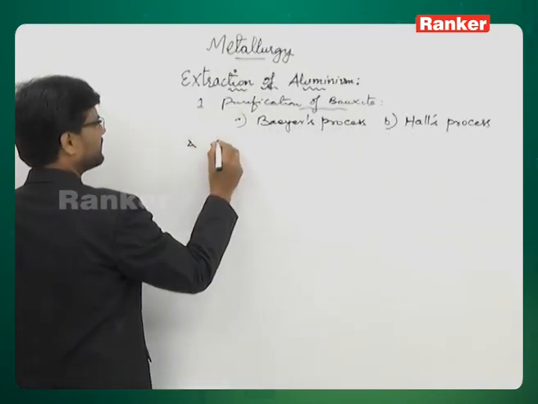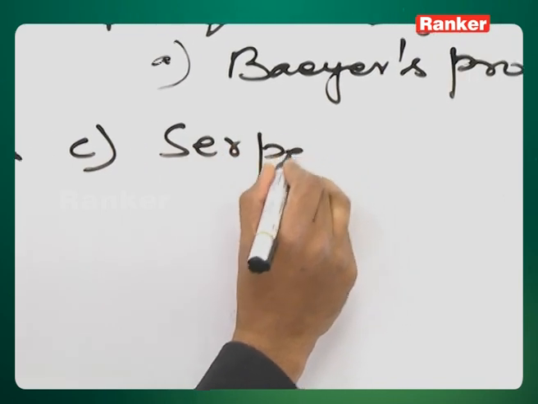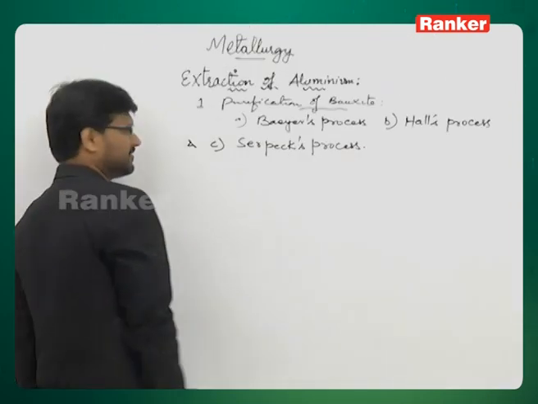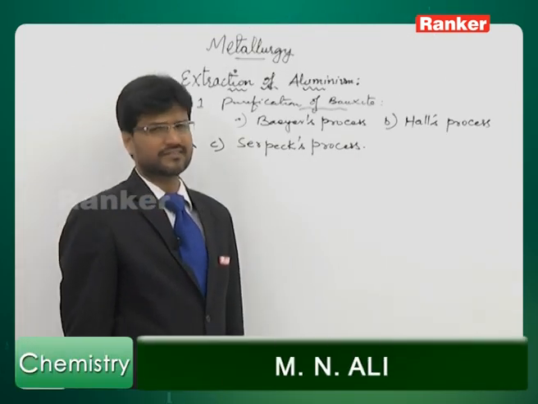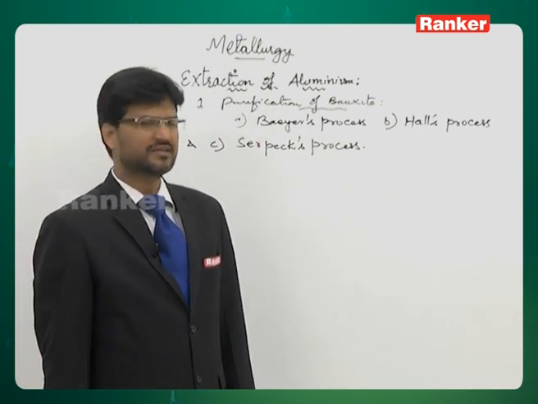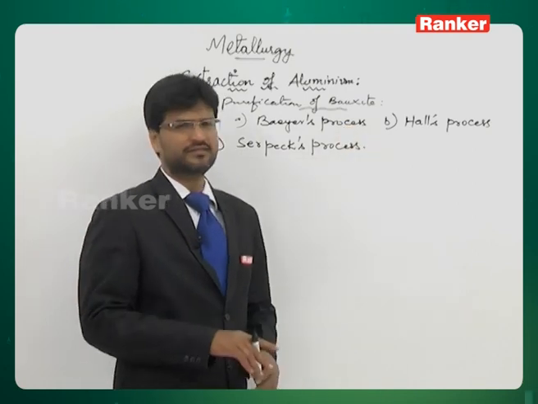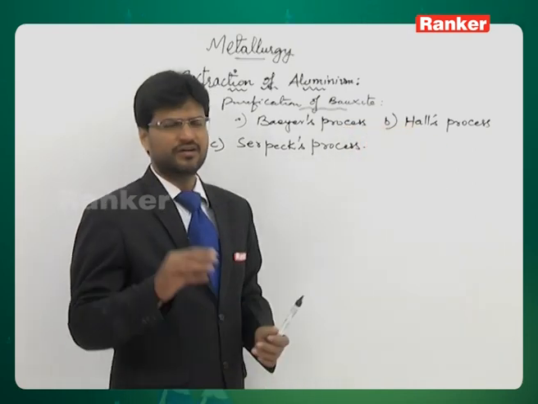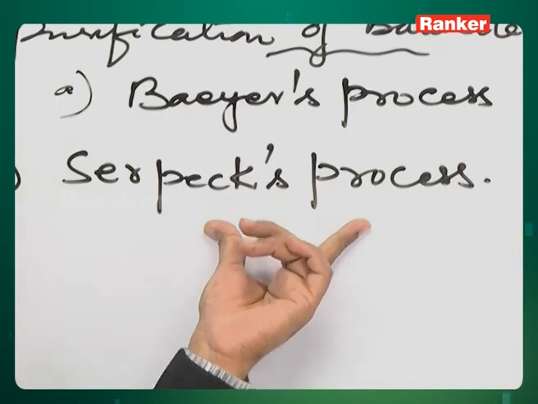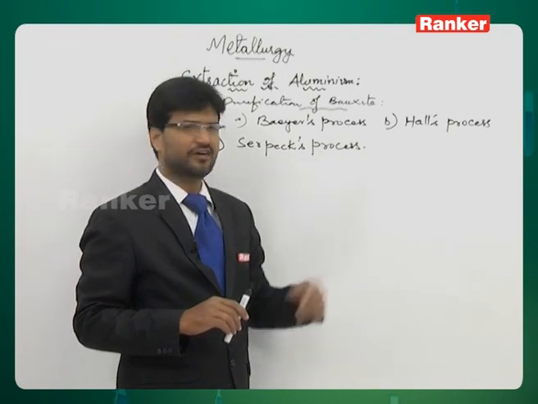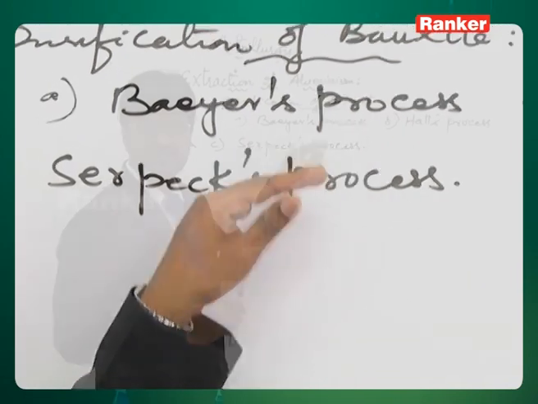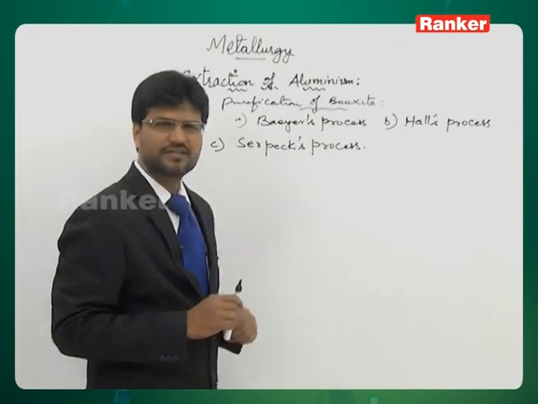And C, Serpek's process. Remember, Bayer's and Hall's process are meant for purification of red bauxite. Serpek's process purifies white bauxite. So we'll first talk about Bayer's process, then we'll talk about Hall's process and Serpek's process.